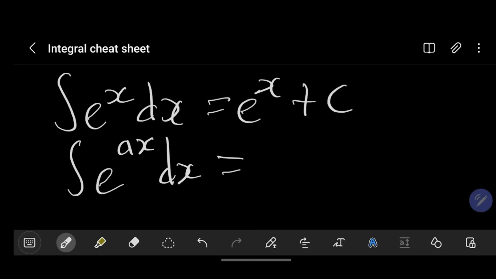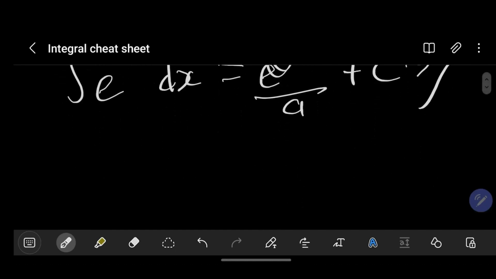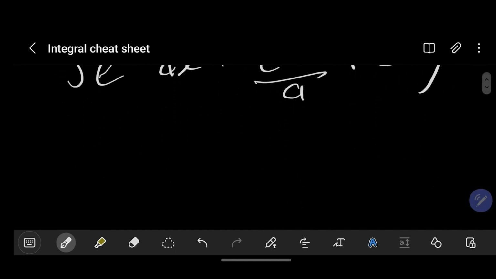This is basically e to the a x, where a is a constant, over a plus c, and this only works if you do have a constant. So please ensure you have a constant. Remember these two rules and you'll be able to work with the exponential rule. So let's do a few examples.